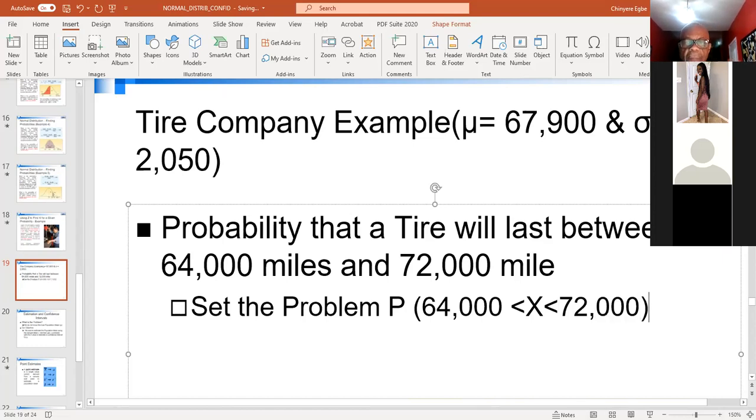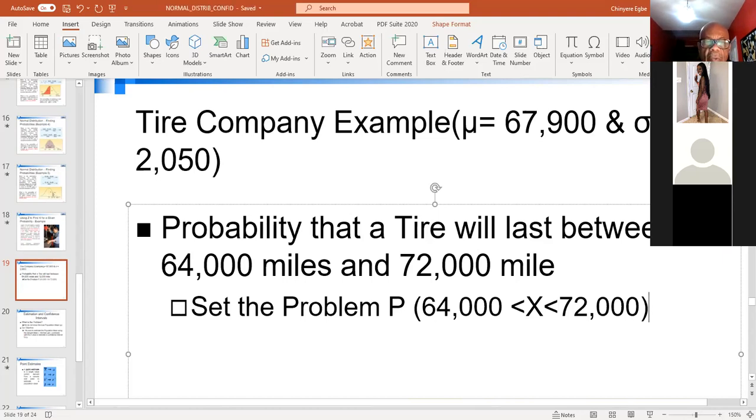What percentage of tires will last between 64,000 and 72,000 miles? That is the question that we're asking. Now, as we learned in Statistics 1, we have to standardize this X value into Z values. We're going to standardize these X values into Z values.